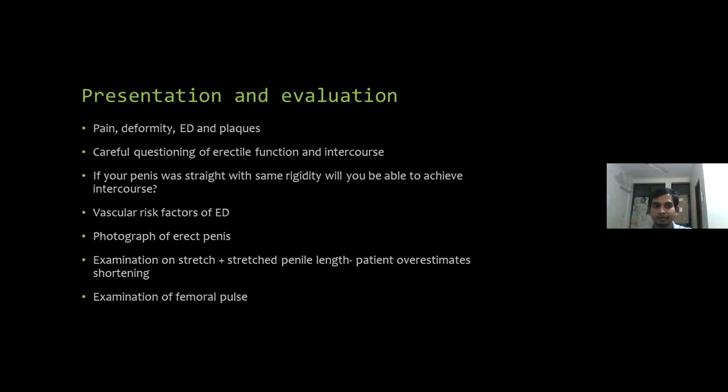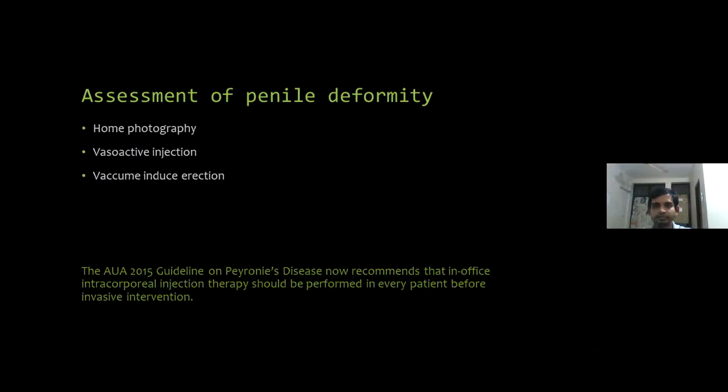And sometimes we can ask the patient to take a photograph of the penis to assess the degree of bend, because sometimes people overestimate the curvature. So penile deformity can be assessed in mainly 3 ways. One is home photography.